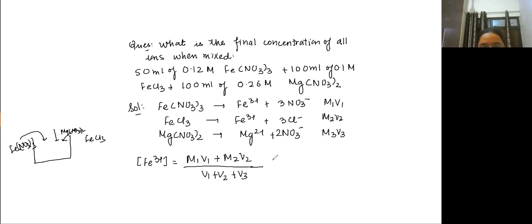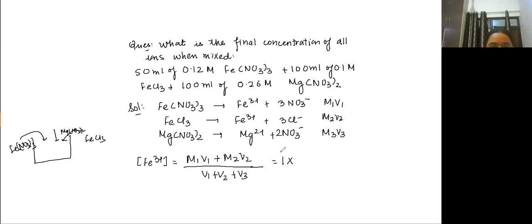So what is M1V1? As you can see, ions of Fe is only 1, so it will be 1. Because for molarity, remember Na2SO4, how we are calculating? It contains 2 Na, so multiply by 2.